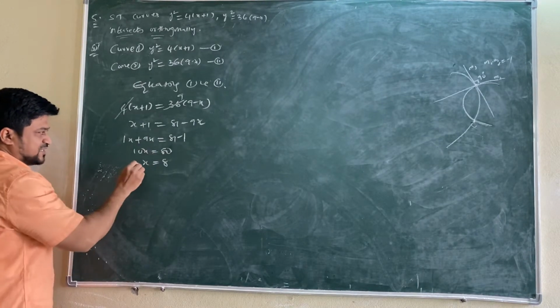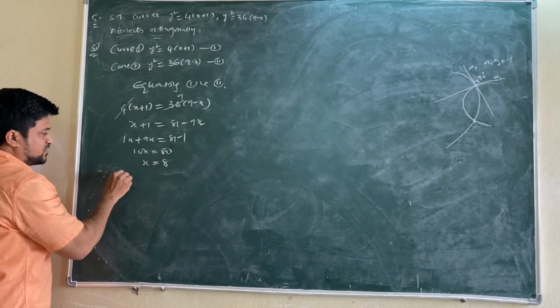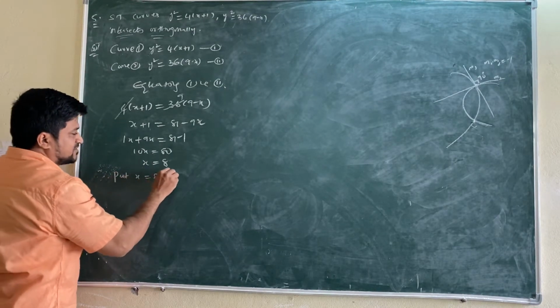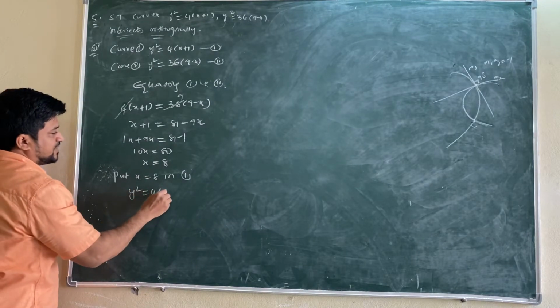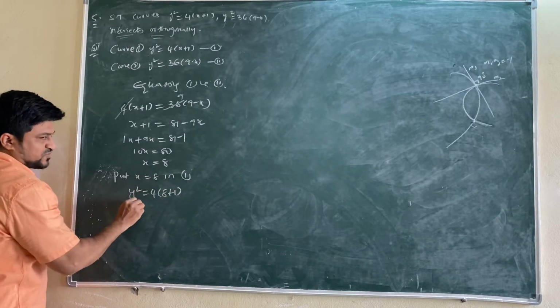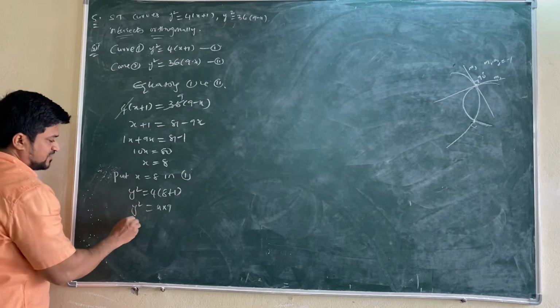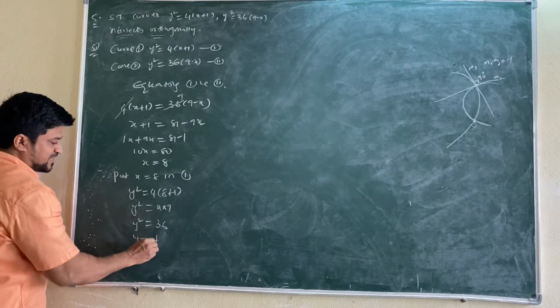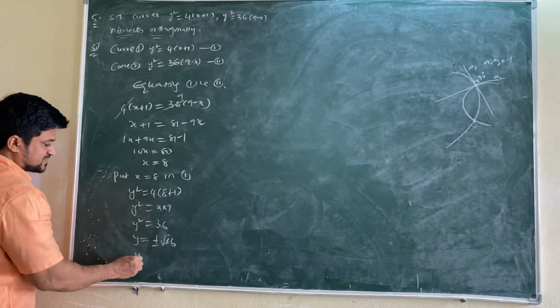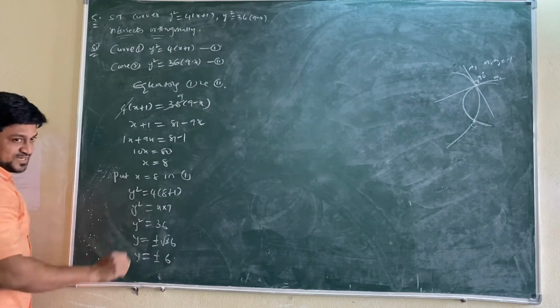X equals 8. Once we got the value of x, substitute that x value in equation 1. So y square equals 4 into x plus 1, so y square equals 4 into 9. Y square equals 36. Y, the square goes to that side and becomes plus or minus root 36, which is plus or minus 6.